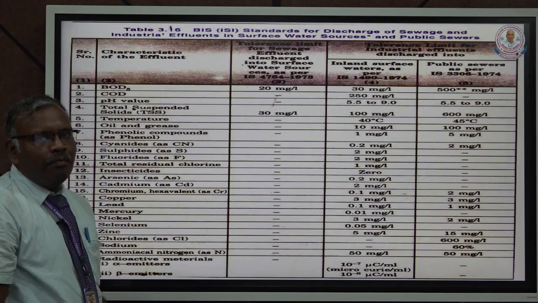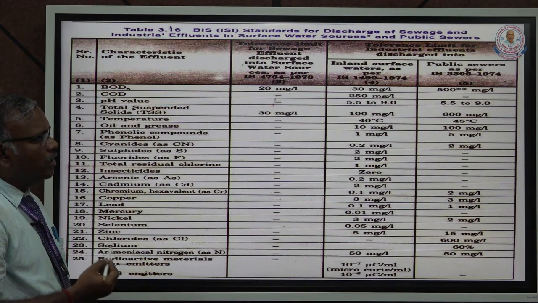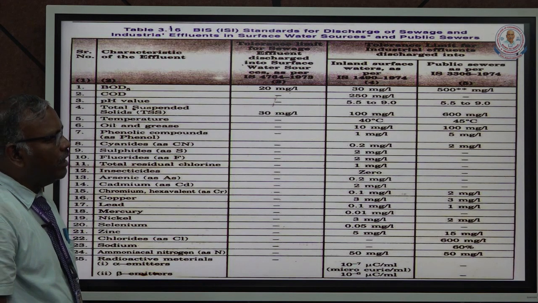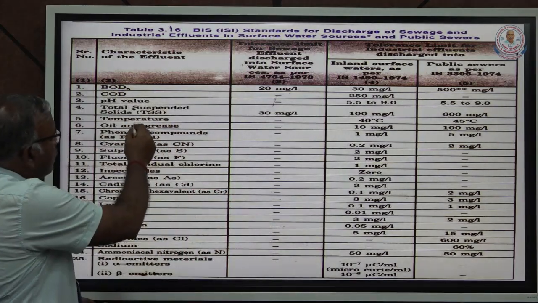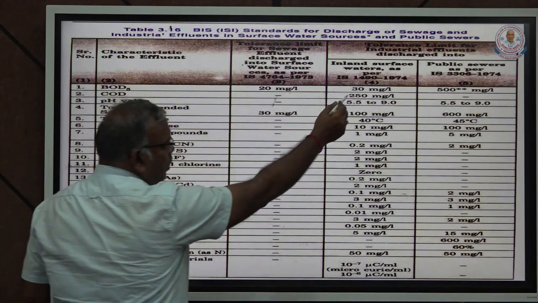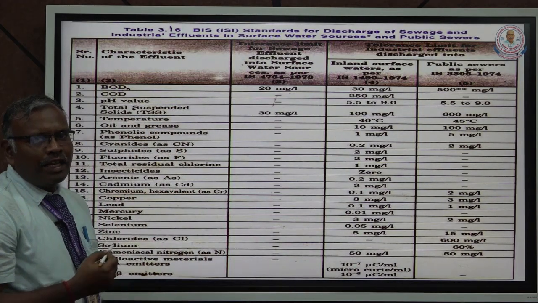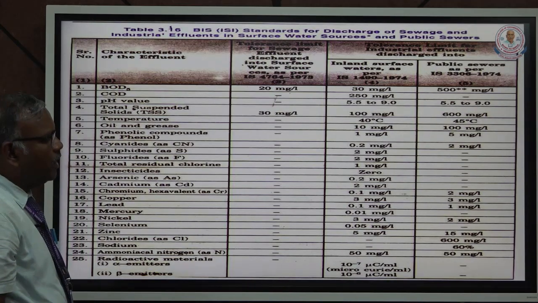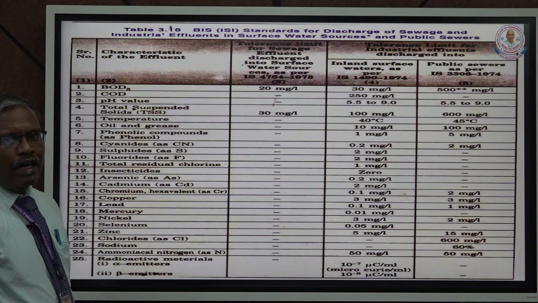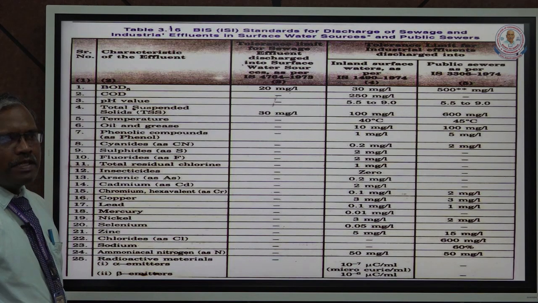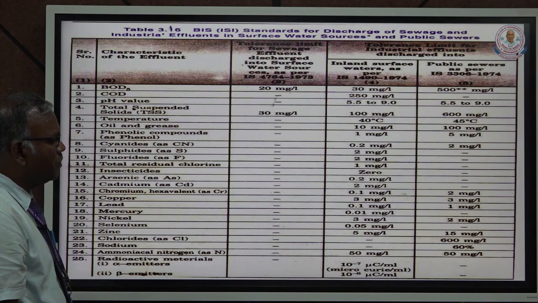In order to minimize the impact of the sewage on the environment as well as on the treatment plant, the various parameters are listed over here and the ranges are mentioned, so that the contaminant level and the impact on the environment and the water body can be minimized, and the aquatic organisms can be saved from the harmful effect of the disposal of the sewage.